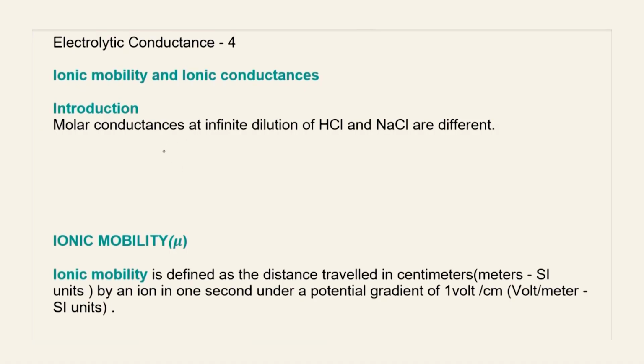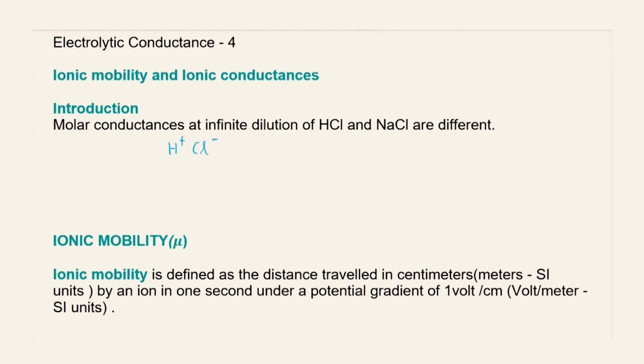When we check the molar conductance at infinite dilutions of different electrolytes of the same category, that is univalent itself, for example, HCl and sodium chloride. HCl means a unipositive ion and a chloride ion, which is a uninegative ion.